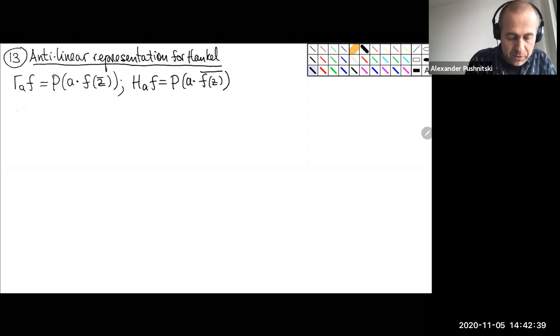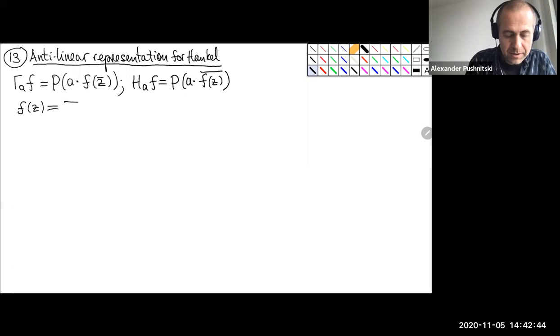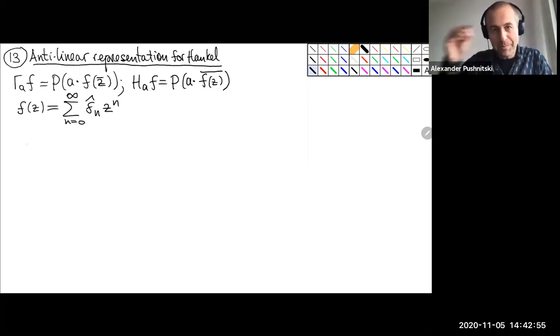So if you have a function in the Hardy class, then what is the difference between f of z bar and f bar of z bar, right?